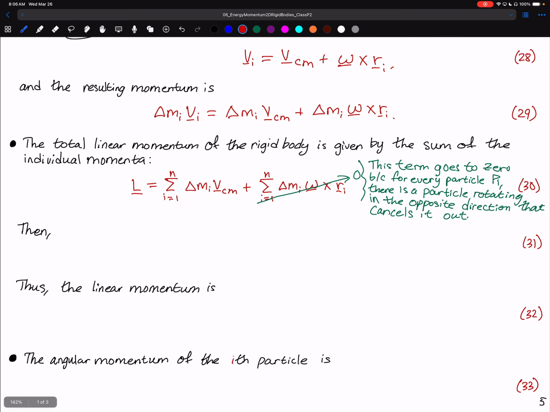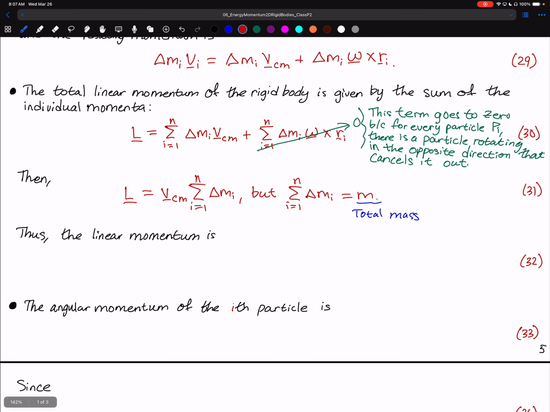Okay, so then we can write here that the linear or the translational momentum is going to be velocity of the center of mass times the sum from i equals 1 to n of delta mi, but the summation i equals 1 to n of delta mi is simply going to equal m, where m here is the total mass of the rigid body.